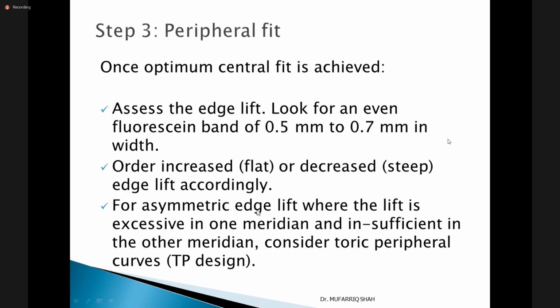For asymmetric edge lift, where the lift is excessive in one meridian and insufficient in the other meridian, consider toric peripheral curves. Suppose you see that at one quadrant, we will see this through a picture, the edge lift is only steeper or flatter in one quadrant, then how will you proceed?